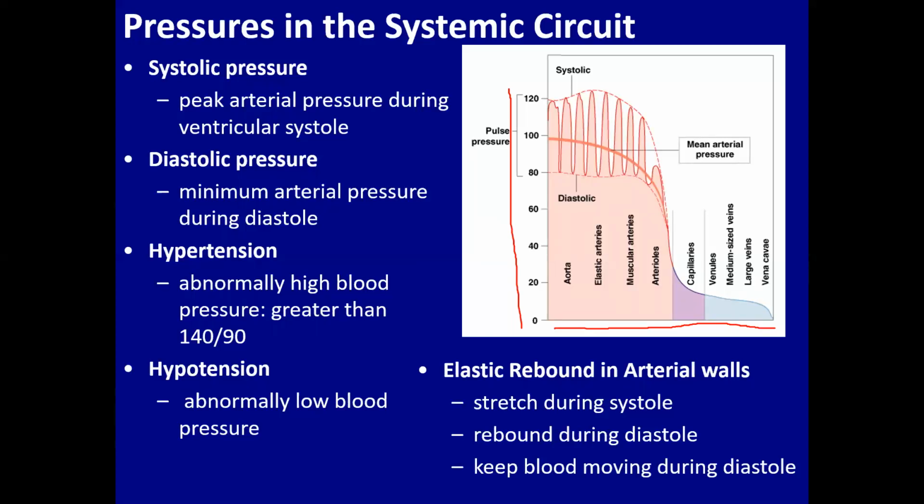When blood is released from the left ventricle, we have extremely high pressure that goes up just a bit, a tiny amount, when it gets to the elastic arteries, right? So we're looking at when it's in the aorta, gets to the larger arteries, but as we get to the muscular arteries, it begins to decrease and decrease and decrease.